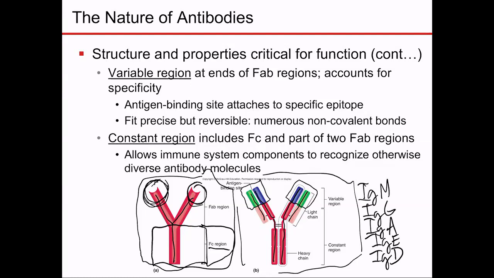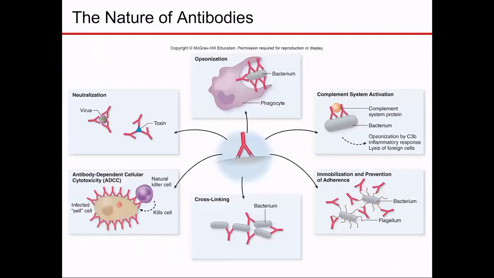Let's take a look at the functions that antibodies can have. This slide is summarizing that. So a typical function of an antibody could be neutralization. Let's say a virus arrives and B cells that produce antibodies against that virus are activated, they differentiate, proliferate, they start to produce these antibodies, and now the antibody binds to the surface of the virus.